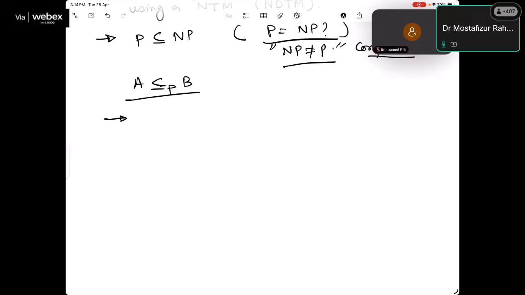We'll be covering the Cook-Levin theorem. The theorem is only a one sentence theorem, just a single sentence, which is also related to this reduction principle.